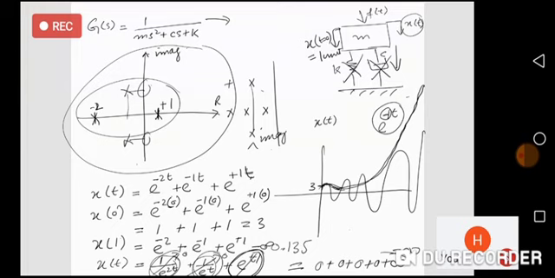With the progression of time, x of t approaches infinity as t approaches infinity. That is an example of a non-oscillatory unstable system.